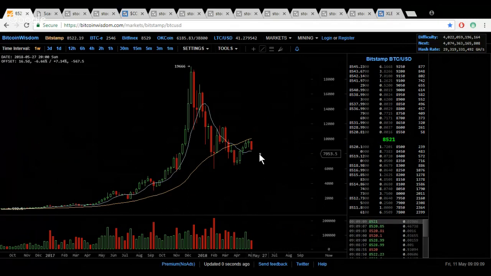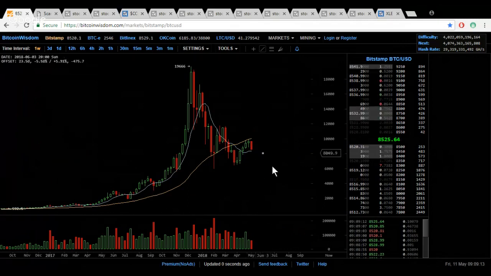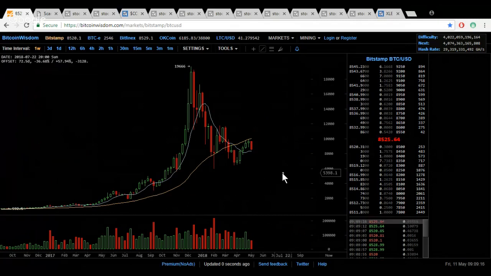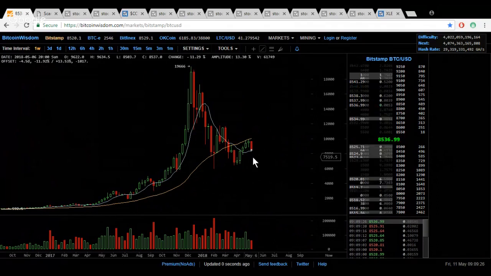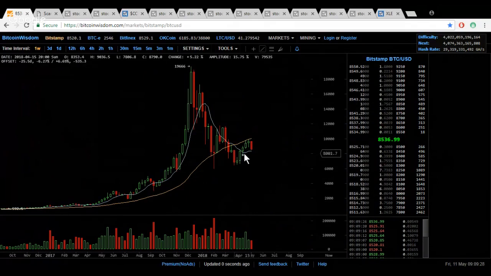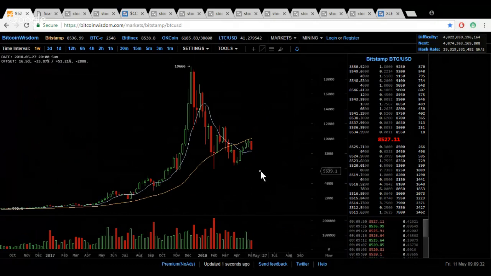And now, as of today, we have a big candle to the downside that never touched that long-term moving average and is threatening to break the short-term moving average, which will then turn the short-term moving average from a slight upswing back to the downside, which will eventually pull down the long-term moving average.